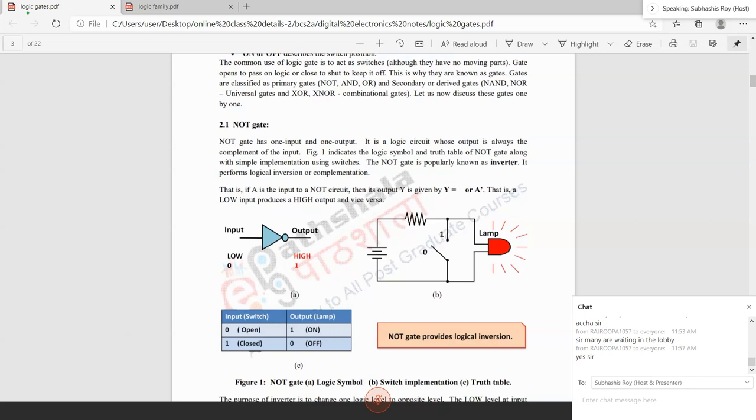Yes, the bulb will not glow. Why? Yes, because the current will always try to pass through the path of least resistance.